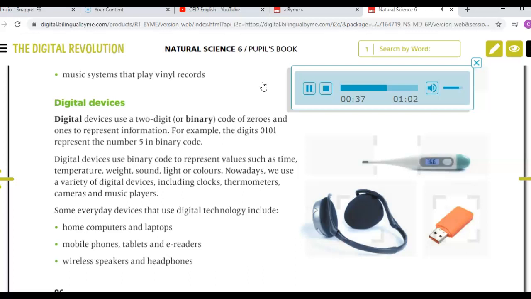Nowadays, we use a variety of digital devices, including clocks, thermometers, cameras, and music players. Some everyday devices that use digital technology include home computers and laptops, mobile phones, tablets, and e-readers, wireless speakers and headphones.